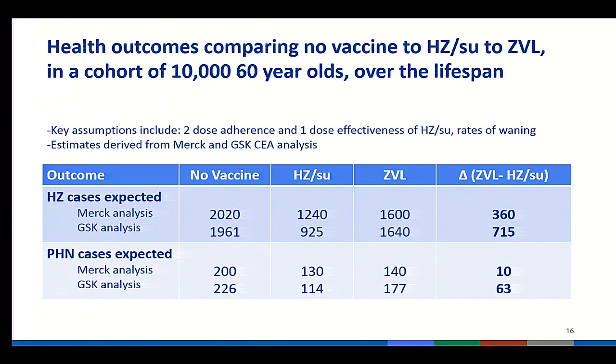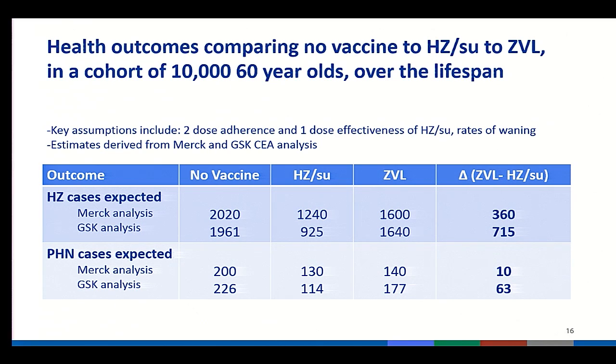We've already presented the number of cases expected in the no vaccination and the herpes zoster subunit vaccination cohorts. Over the lifetime in the zoster vaccine live cohort, estimates of herpes zoster cases expected ranged from 1,600 to 1,640, and expected cases of PHN ranged from 140 to 177.